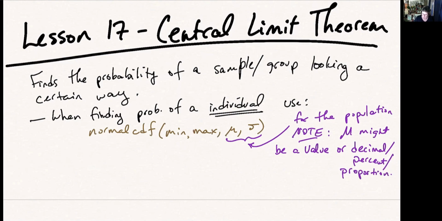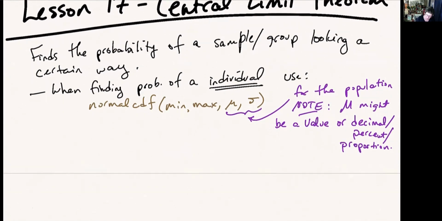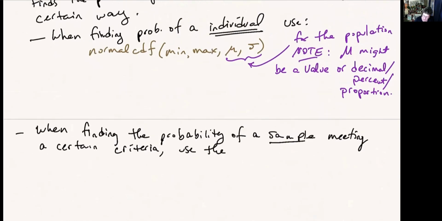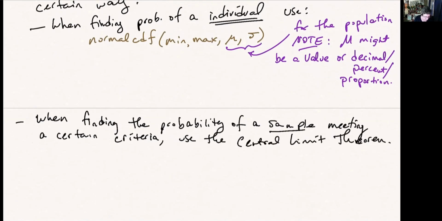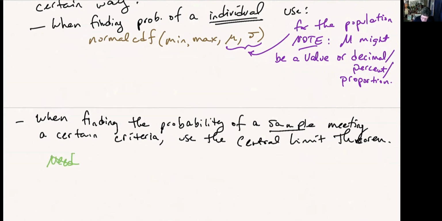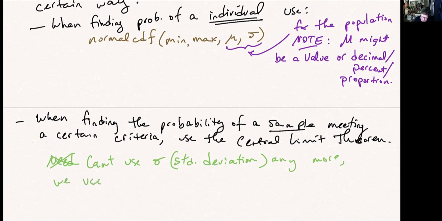Now when we're finding the probability of a sample, that's when we're going to use the central limit theorem. That central limit theorem adjusts depending on our sample size. So we can't use the standard deviation anymore; we have to use the standard error.